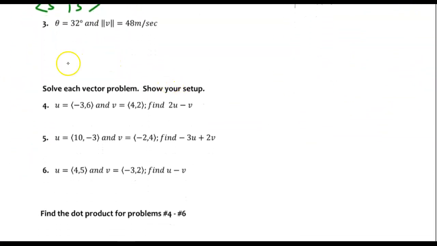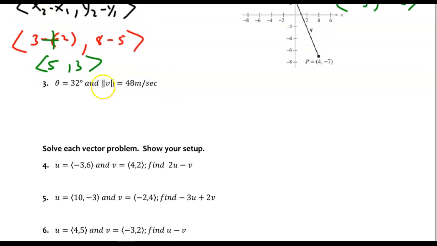For this next one right here, we have to find our component form. Notice here, they gave us the degree, and they gave us a magnitude, and we have to make our vector. So when you're given these things, to get our first value in our component form, our x value, we're going to do the magnitude of V times cosine of theta.